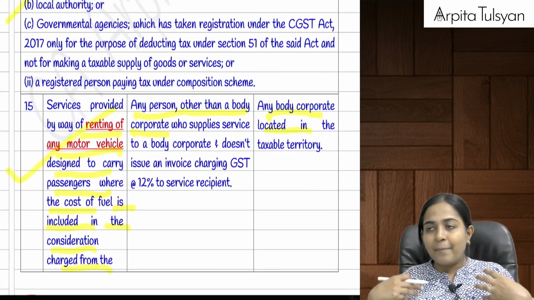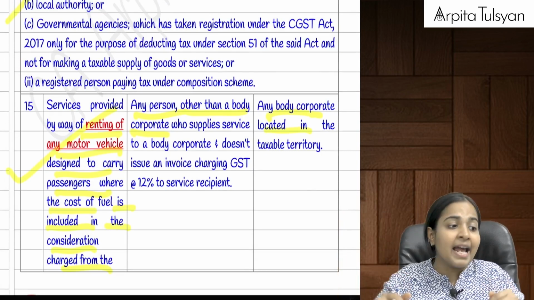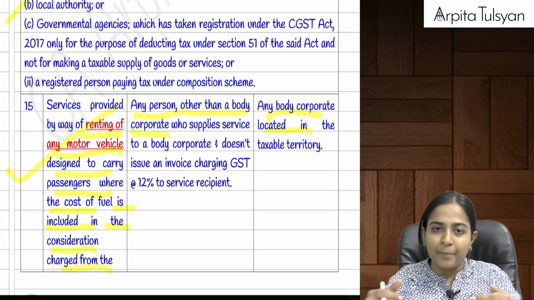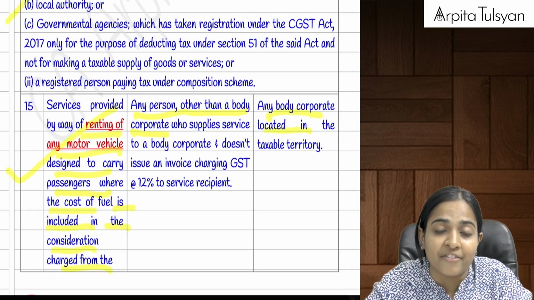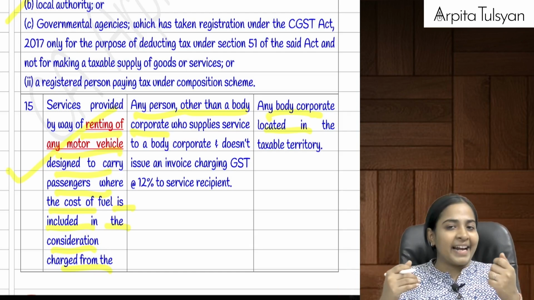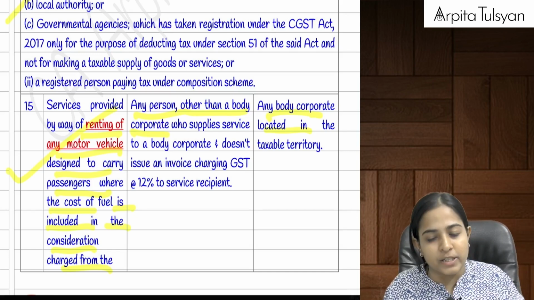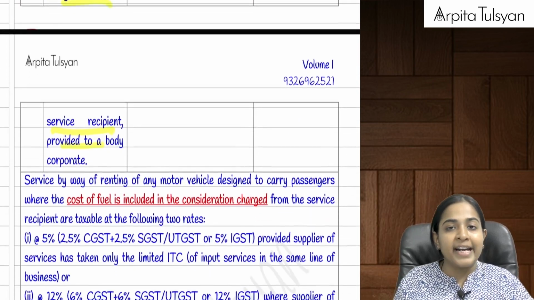Means I am having a motor vehicle which I am giving on rent to a body corporate, and I am going to take some money from that particular body corporate because I have provided my vehicle on rent, and in that consideration I am taking the rent charges and also the cost of fuel. All inclusive, and I am giving it on rent to a body corporate.